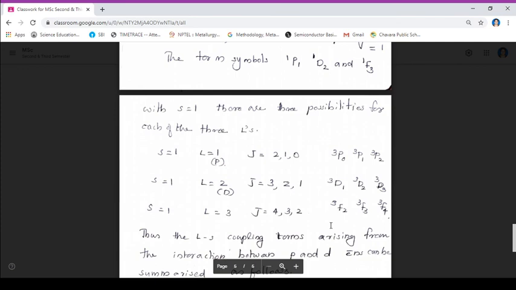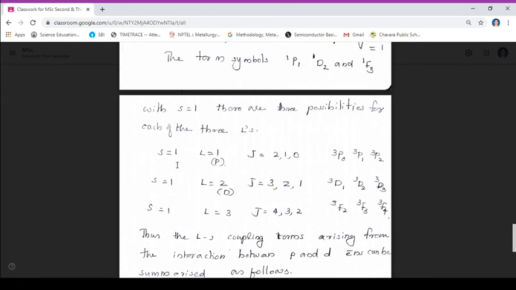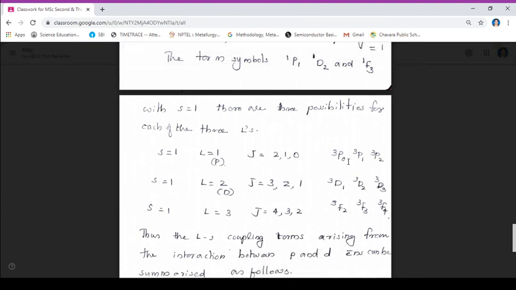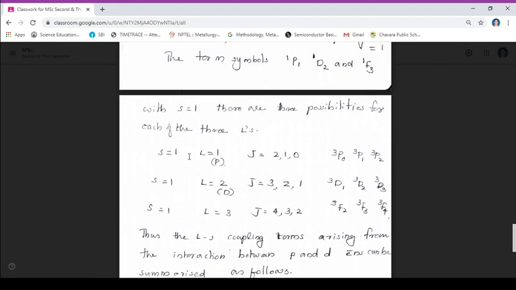That means 1 plus 1, that is 2, 1, 0. So S is equal to 1, the state is a triplet state, that's why this 3 comes here. L equal to 1, therefore it is P, and 0, 3P0, 3P1, 3P2. These are the 3 term symbols corresponding to S is equal to 1, L equal to 1.